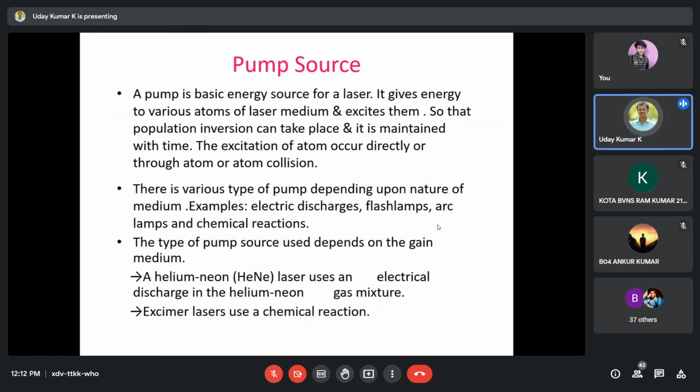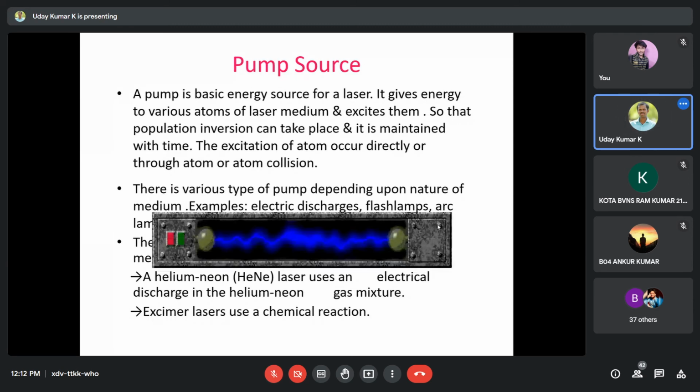Now, the pump source. A pump source is a basic energy source for a laser. It gives energy to various atoms of the laser medium and excites them so that population inversion can take place. It is maintained with time. The excitation of atoms occurs directly through atom-atom collision. Look here: this is called optical pumping.